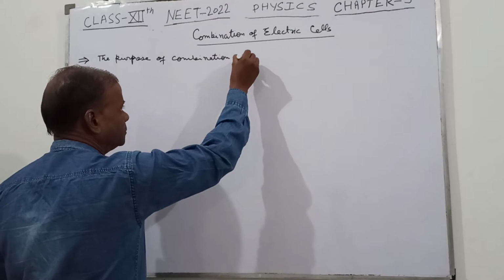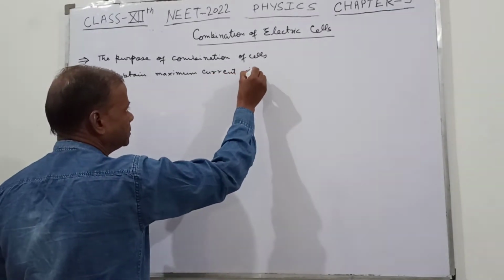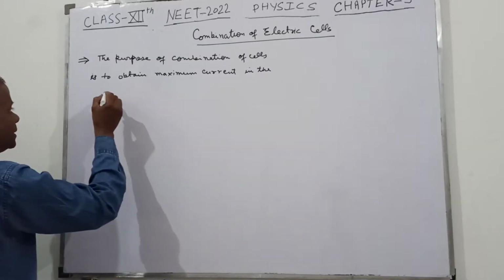The purpose of combination of cells is to obtain maximum current in the electrical circuit.